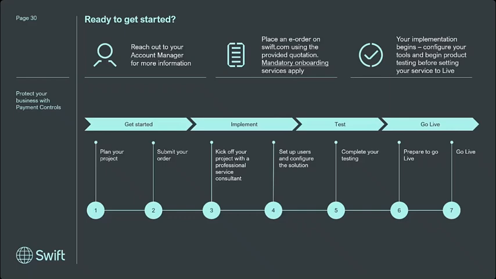So the whole process from getting started, so planning your project, submitting your e-order and so on, takes around 3 months between starting and go live. And you will be speaking with one of our professional services representatives who will be able to support you through that process as well, which certainly makes the onboarding much easier.